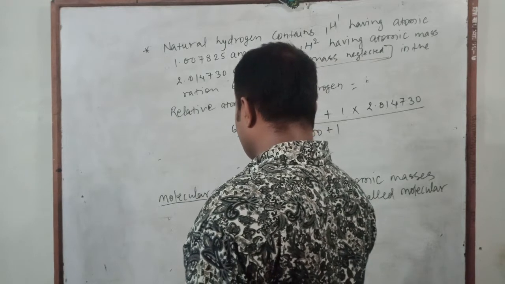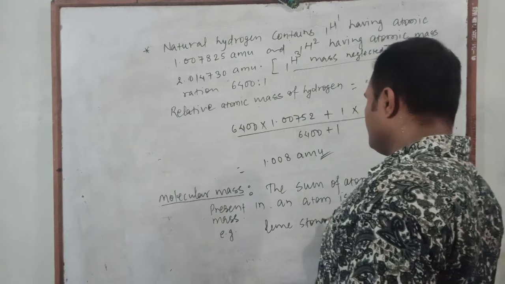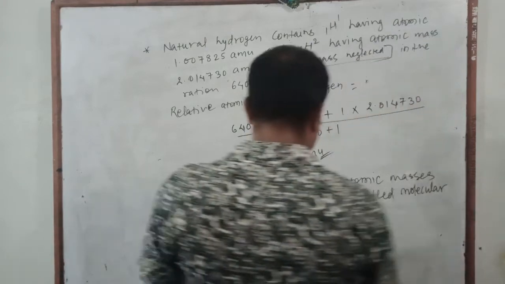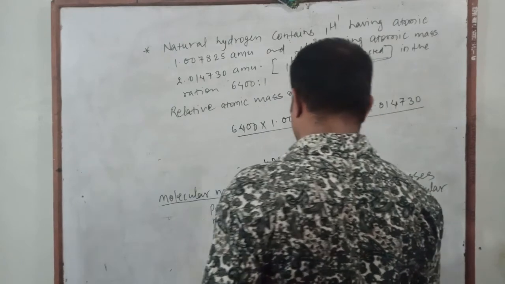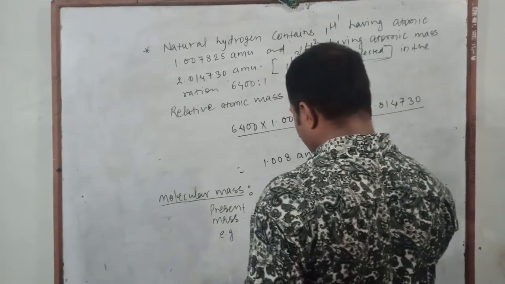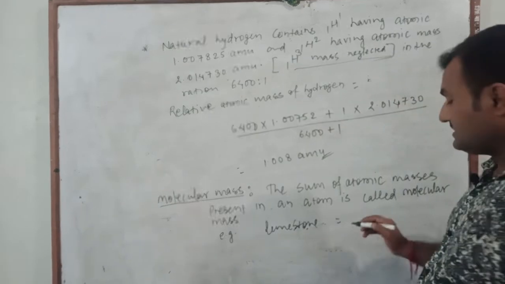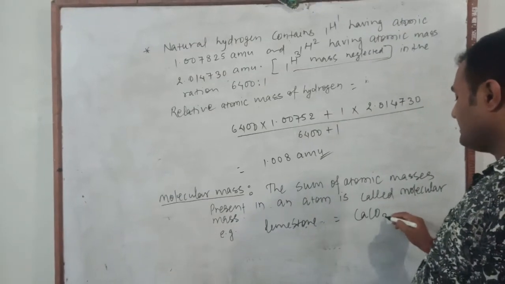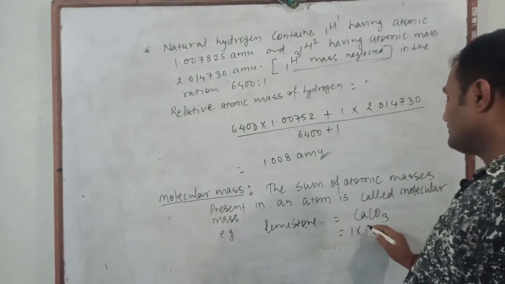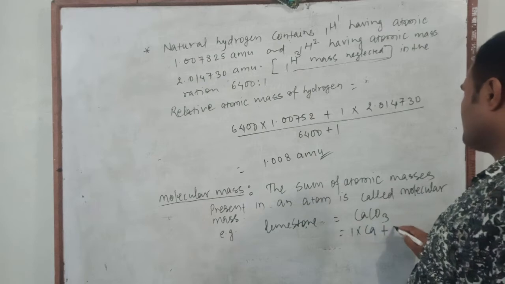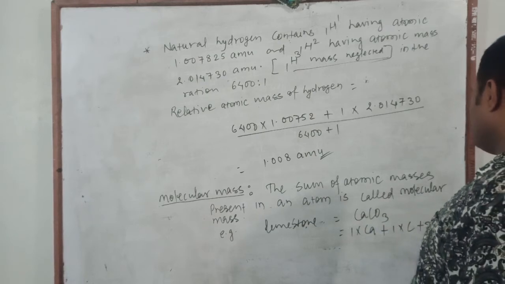As for example, limestone is represented by calcium carbonate. Its molecular mass becomes 1 into calcium plus 1 into carbon plus 3 into oxygen.